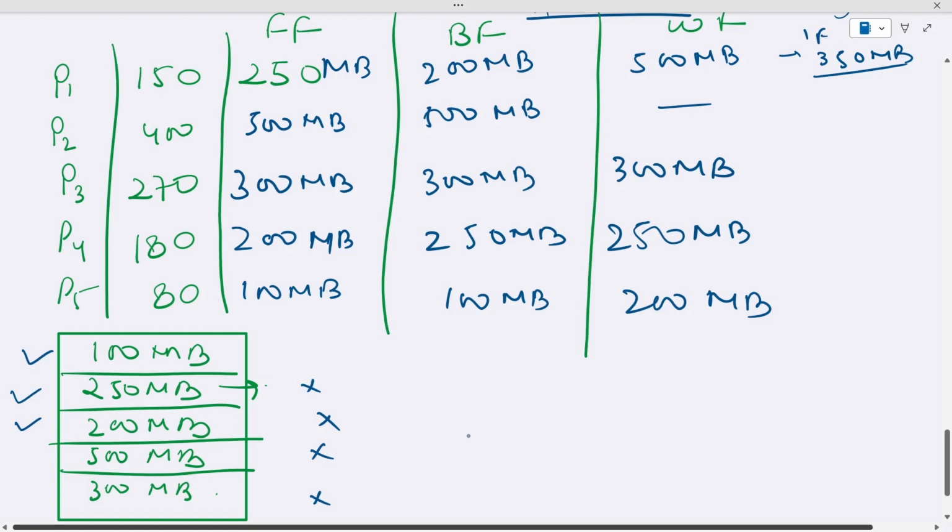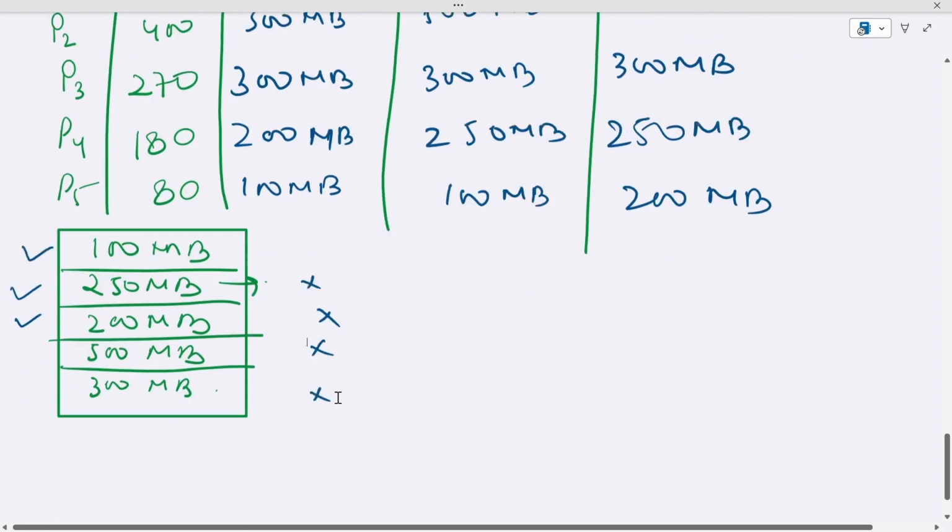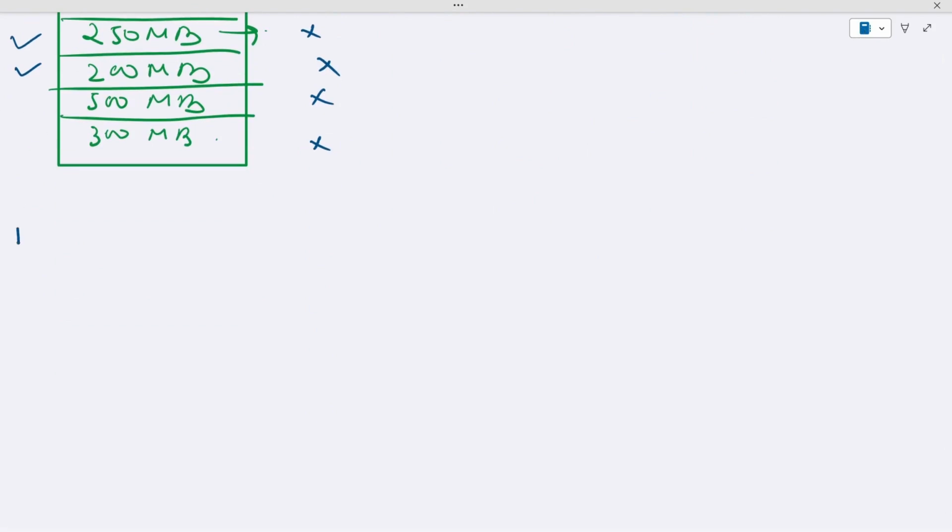I hope you understand how we solve this question, and how best fit, worst fit and first fit work. Now you can write this down: if you want less internal fragmentation, then you have to use best fit.